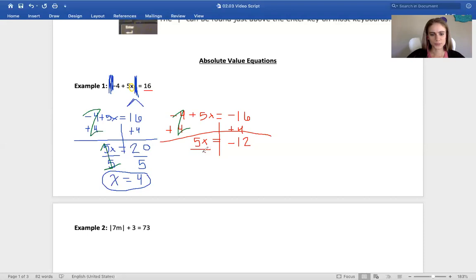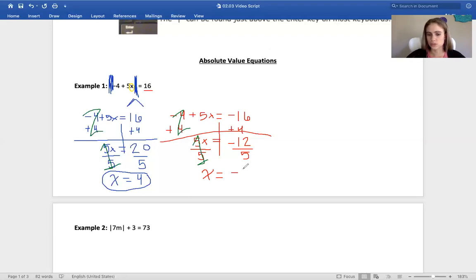The inverse of multiplication is division, so that's why we're dividing by 5. 5 divided by 5 is 1, so winner, winner, chicken dinner. Our x is by itself. Negative 12 divided by 5. Now, I don't have any clear directions on whether I need to represent my answer as a fraction or a decimal, so I will go ahead and represent it as a decimal.